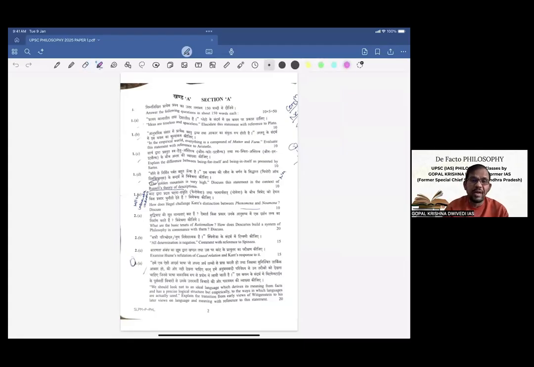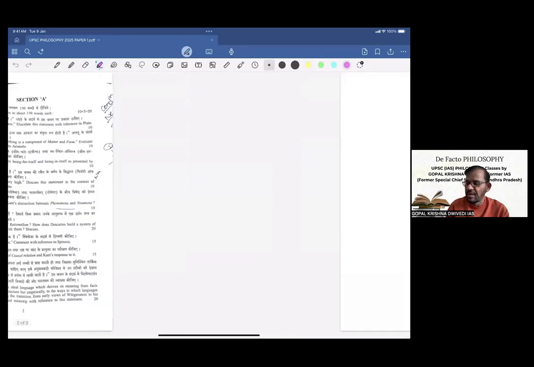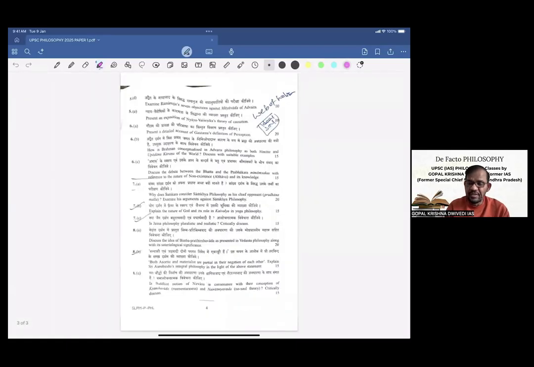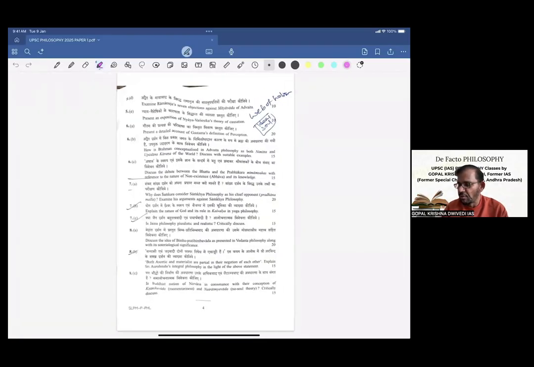This is paper 1. In question 1 there are 5 parts. Question 2 has 3 parts, and the other questions also have 3 parts. Question 5 also has 5 parts, and the first and fifth are compulsory. Basically, 5 questions have to be attempted out of the 8.